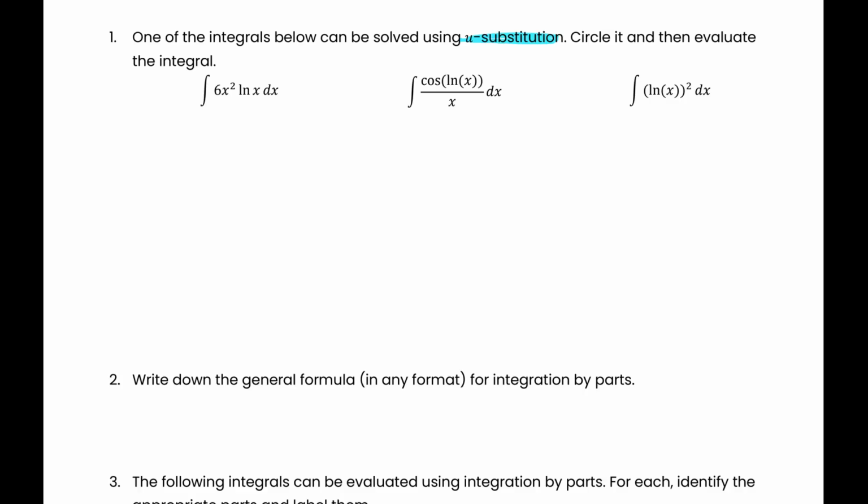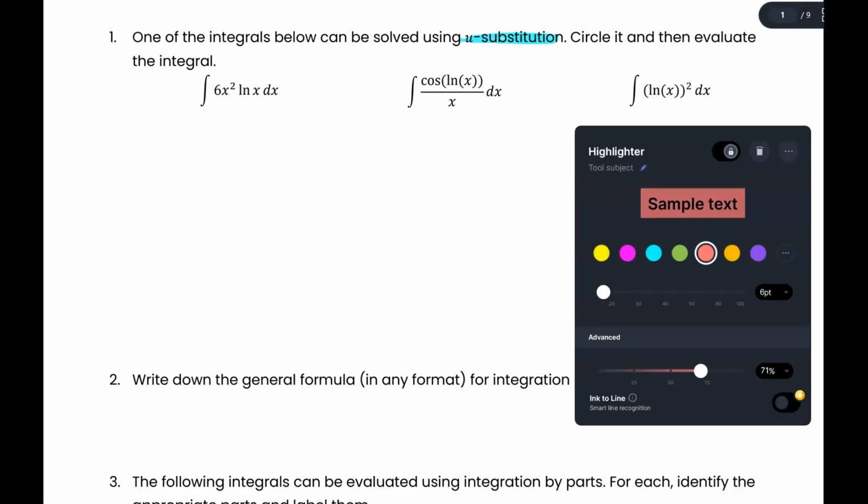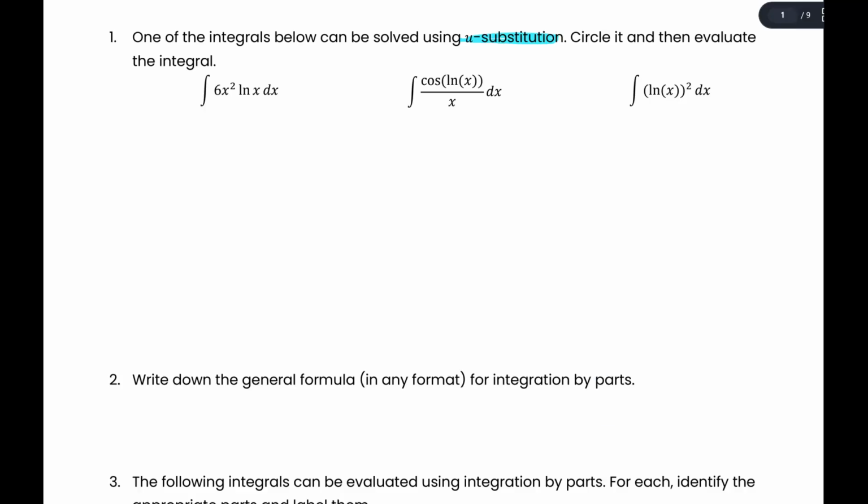There are two different problems here where we can see that ln of x is an inside function and a function composition, which is what we need for u substitution. We have that here and here. Now, the first one is immediately out. We have two separate functions being multiplied together. That is screaming integration by parts.